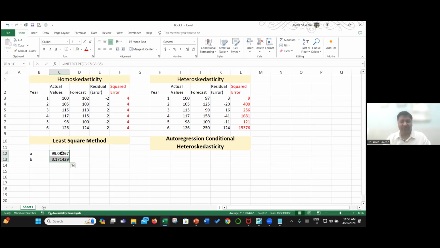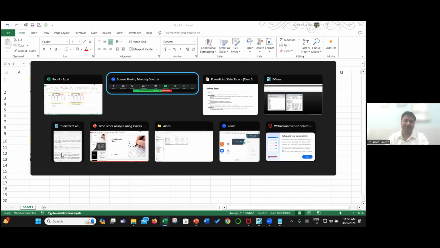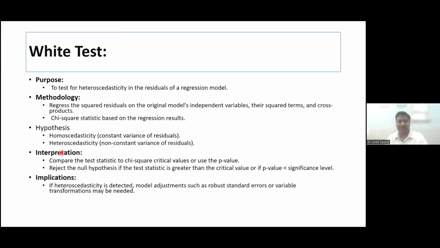But to answer your query, yes, when you are working on a larger data set also, you should test for heteroscedasticity, and if it exists, use a better model which addresses that issue of heteroscedasticity. We have another method here, which we call the White test. The White test is another very important method which we use for checking heteroscedasticity.